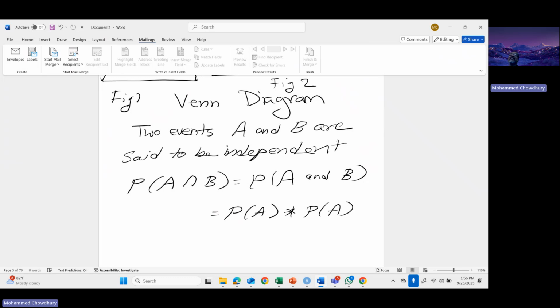If this is equal to that, then we can say that two events A and B are independent. Now we are going to compute them. This means A intersection B. This is the notation of intersection.